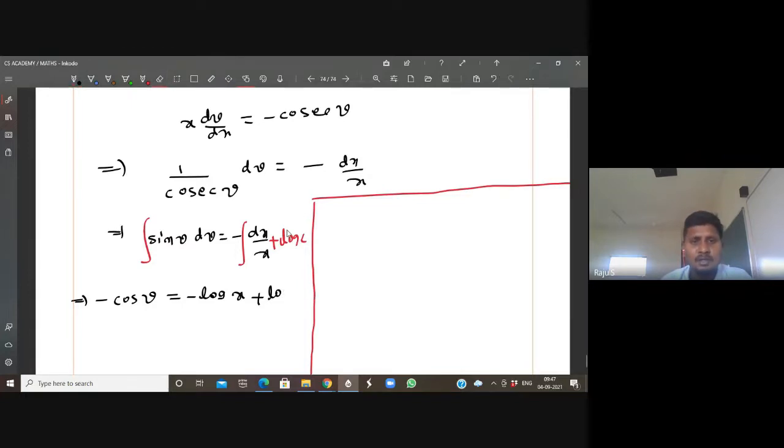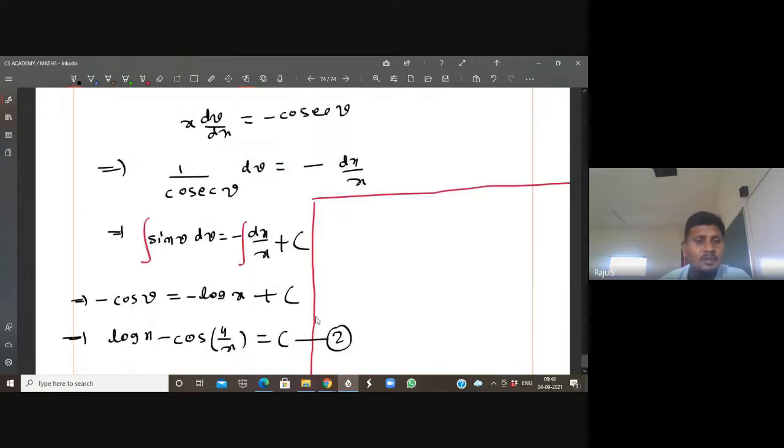While finding the particular solution, you may take log c or simply plus c, because for a particular solution we have to find the c value. So log x minus cos v, and the v value, that is y by x, is equal to c. Let us take this as equation 2.